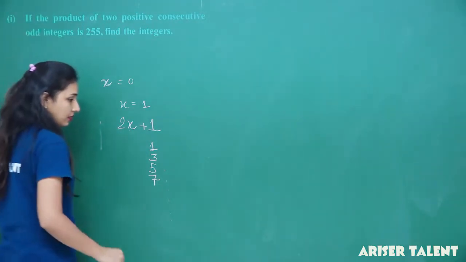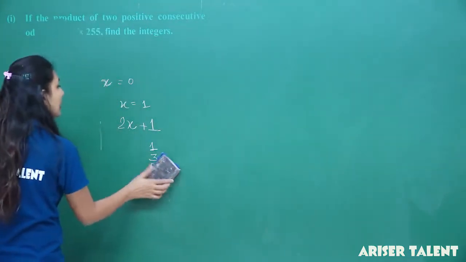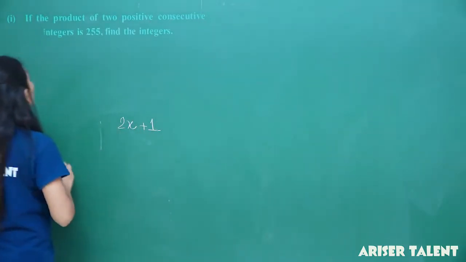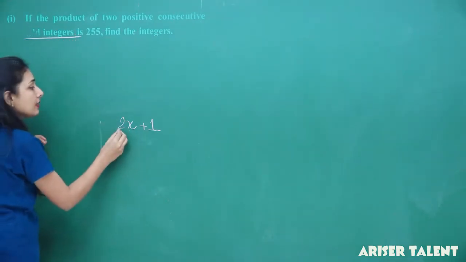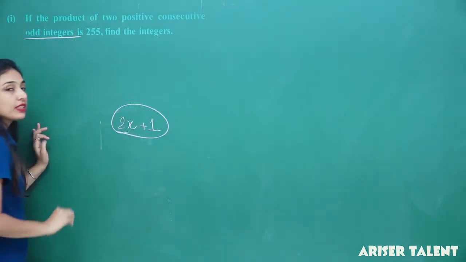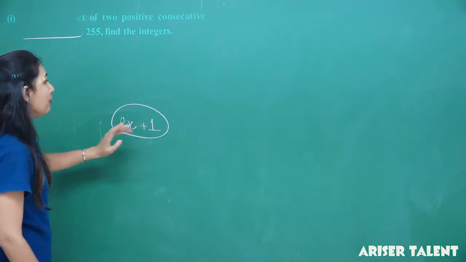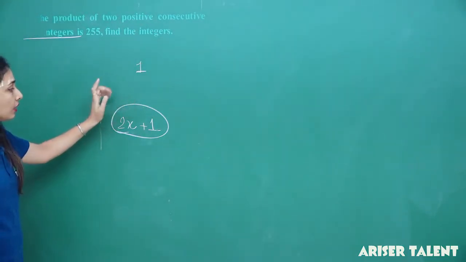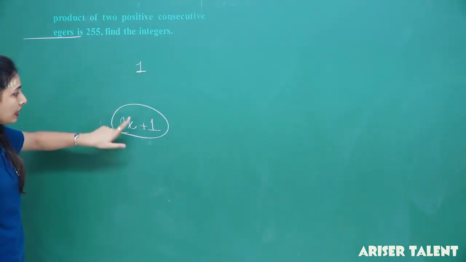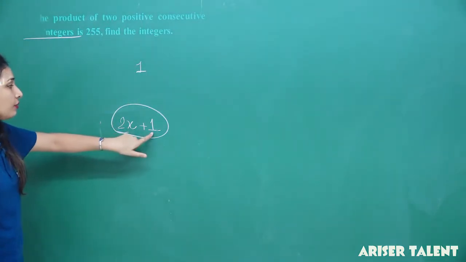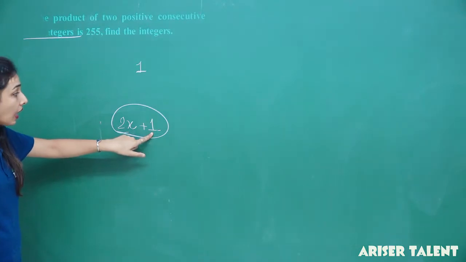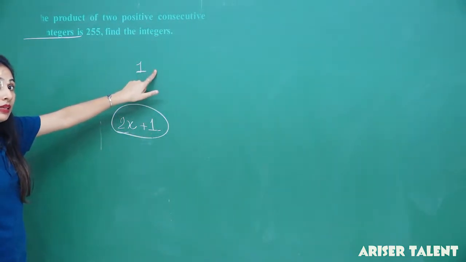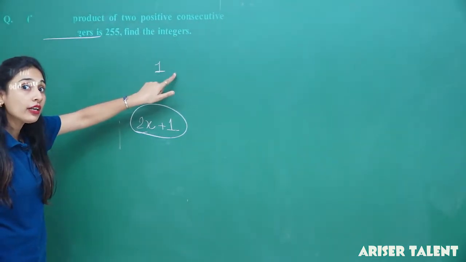So yes, what I can suppose is that this first integer, which is odd, can be in the form of 2x plus 1. Now let's suppose 1 is the first odd number. Now how will 1 be the first odd number? If I put 0 here, then it will become 1. Now what will be the second consecutive odd number here?